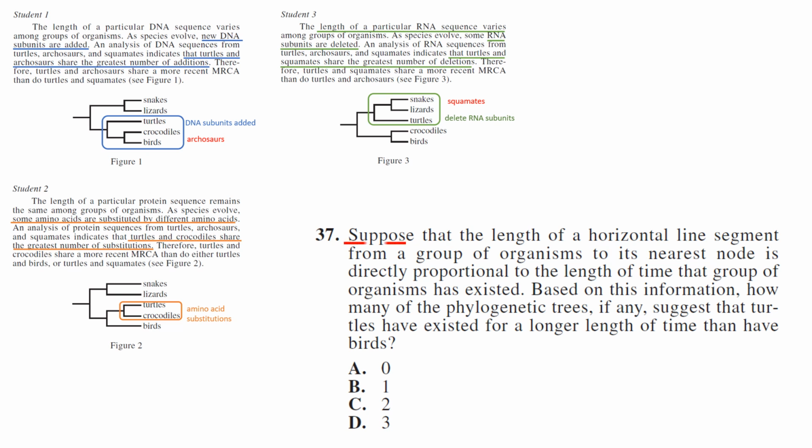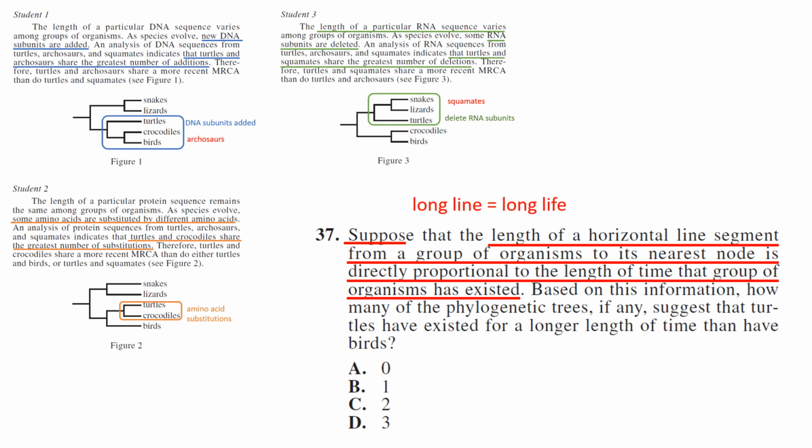37. Suppose this is a question in which you have to extrapolate some information. The length of a horizontal line segment from a group of organisms to its nearest node is directly proportional to the length of the time that organism has existed. So long line equals long life. Based on this information, how many phylogenetic trees suggest that turtles have existed for longer than birds?